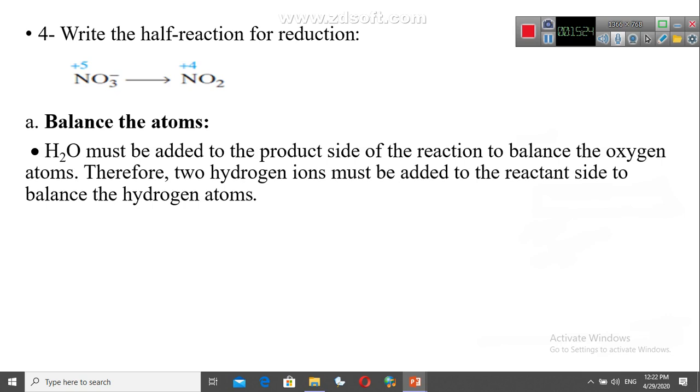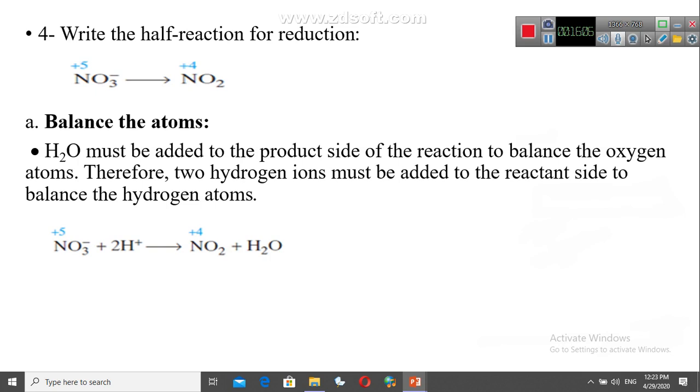Why do we add the water molecules? To balance the oxygen atoms. After adding the water molecules, the other side lacks hydrogen. For this reason, we add a number of hydrogen ions equal to the number of hydrogen in the water molecules.